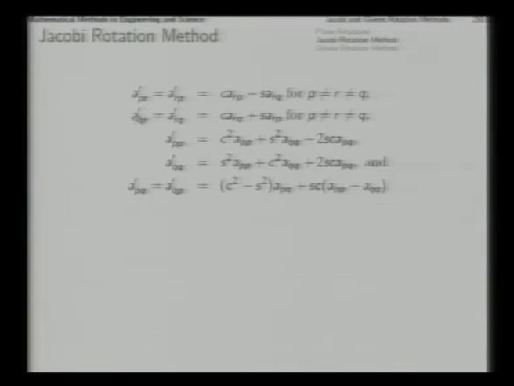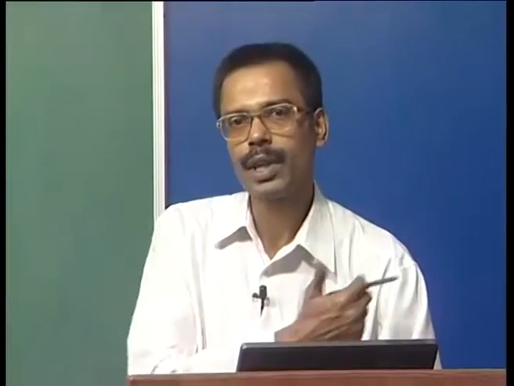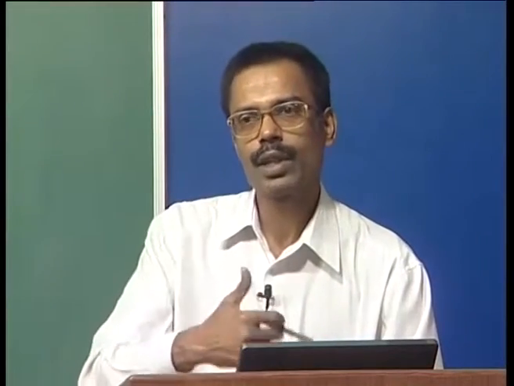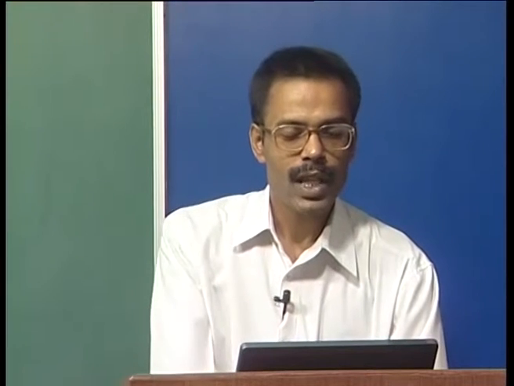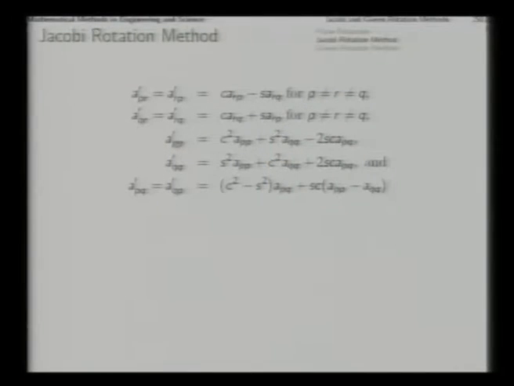Similarly, the elements in the Qth row or column change the same way, because the transformation is symmetric, the original matrix A is symmetric, and you are multiplying P on the right side and P transpose on the left side. So, the resulting matrix is also symmetric. Now, the corner points change in a quadratic manner, not in a linear manner. Why?